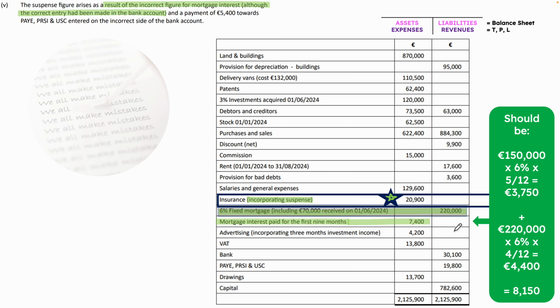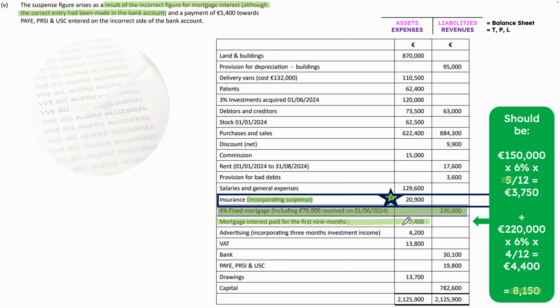So if we worked out what the first 9 months of the year is, we had to be very careful this year. This was a bit of a tricky calculation, because we had 150,000 for the first 5 months of the year, and then we had 220,000 for the next 4 months of the year. So altogether we had 8150. 8150 is the mortgage interest paid for the year.